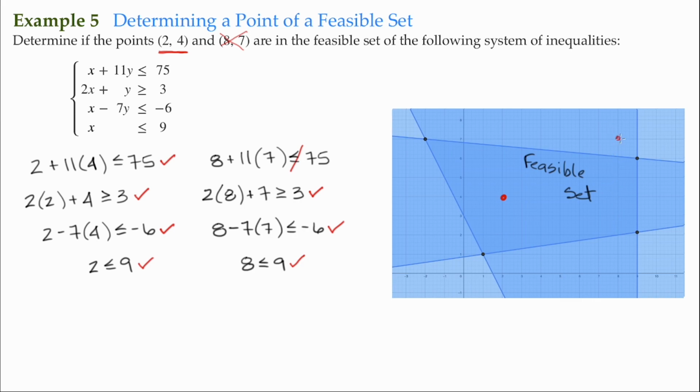Here it is right here. And as you can see, it is not sitting inside our feasible set, which we already knew by substituting it in and checking it for each inequality. So we can say that (2, 4) is in the feasible set of this system of inequalities, but the point (8, 7) is not. And there you go.